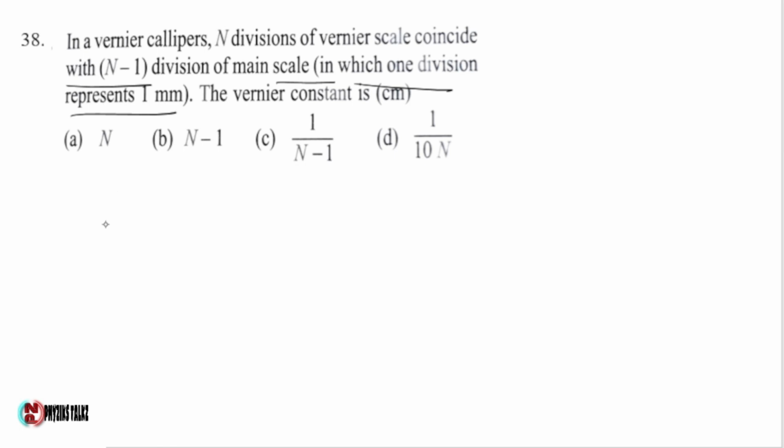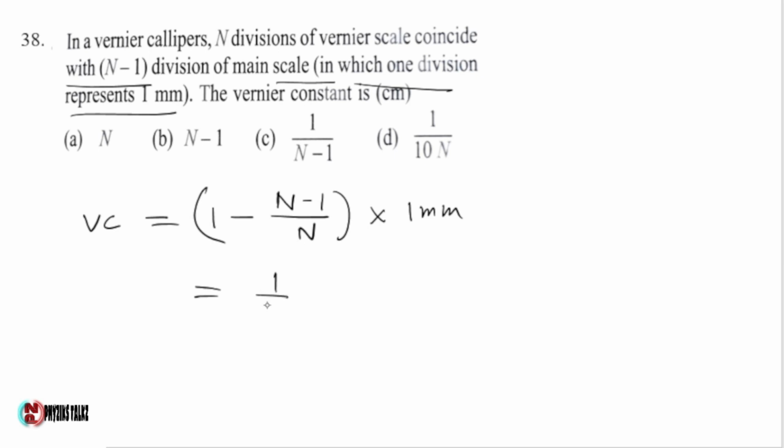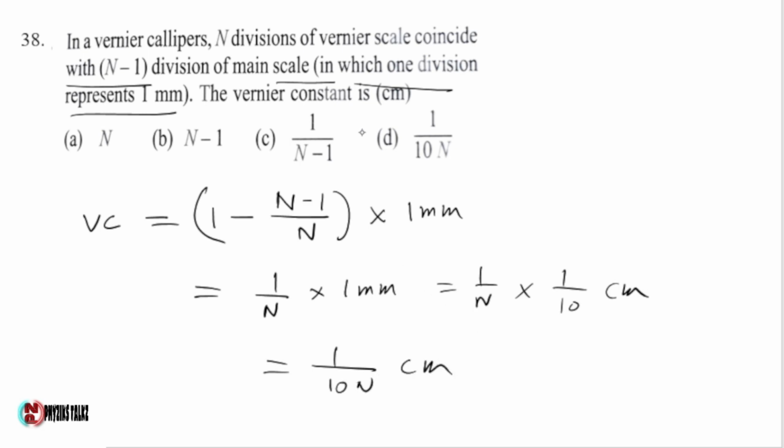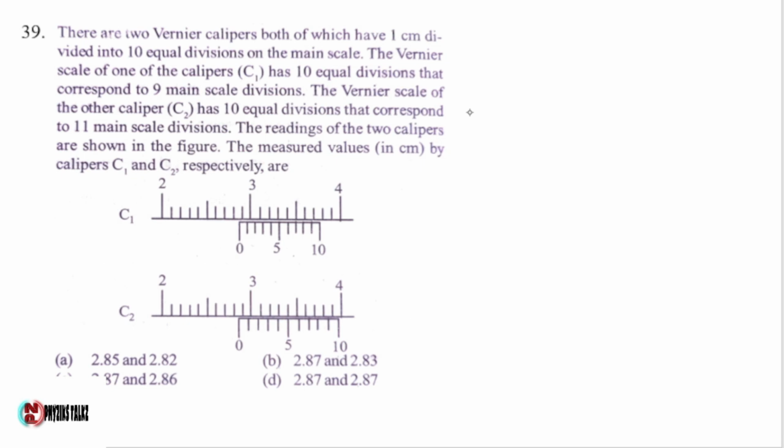So the least count or vernier constant is given as 1 minus the number of vernier scale divisions which coincide with the number of main scale divisions, into the smallest division in the main scale, which gives 1 by n into 1 millimeter, equals 1 by n into 1 by 10 centimeter, equals 1 by 10n centimeter. The correct option is option D. Next question.